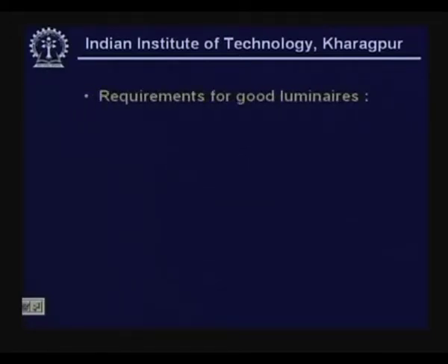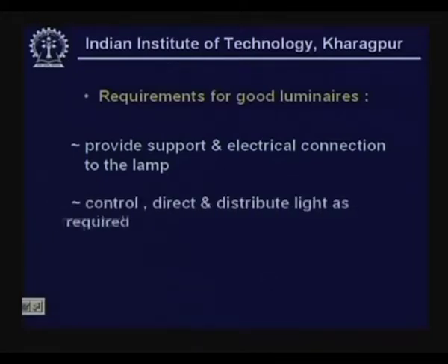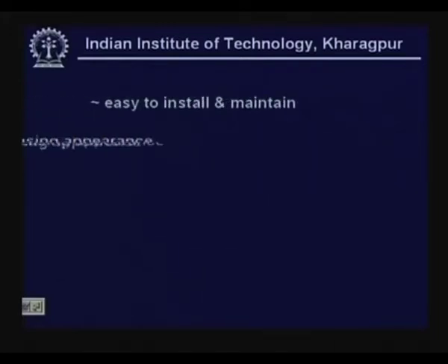The requirements for good luminaires can therefore be listed. They should provide good support and electrical connection to the lamp, depending on the voltage of operation. Though I say it should control, direct and distribute as required, these days there are electrical controls available which are part of the luminaire, keeping the temperatures within the prescribed limits.